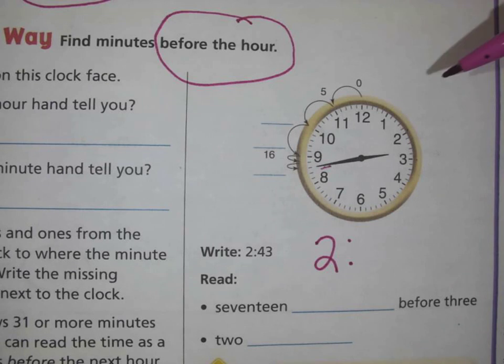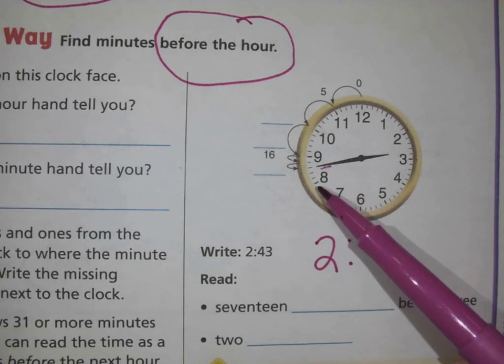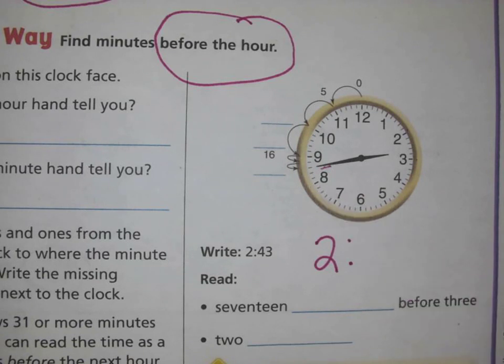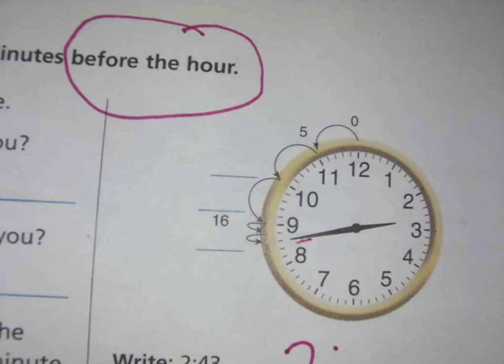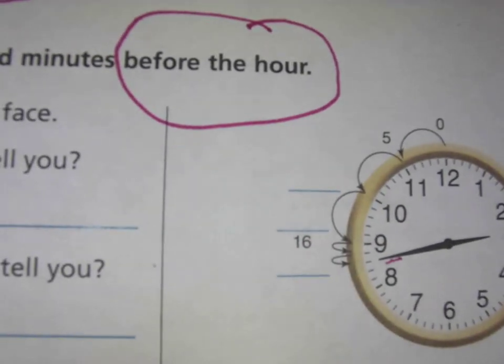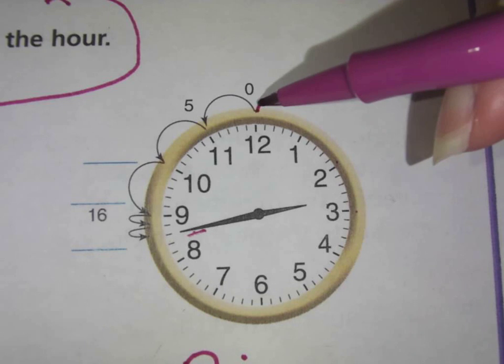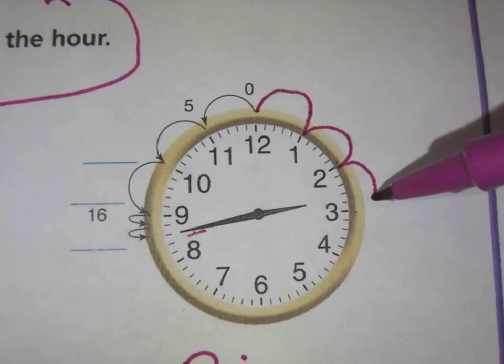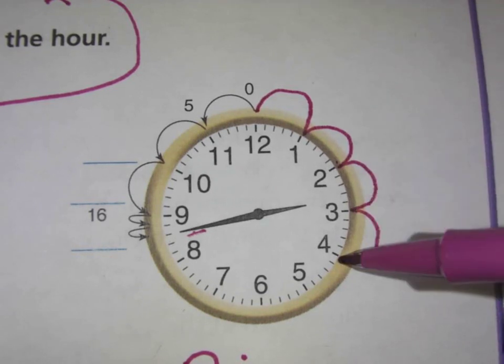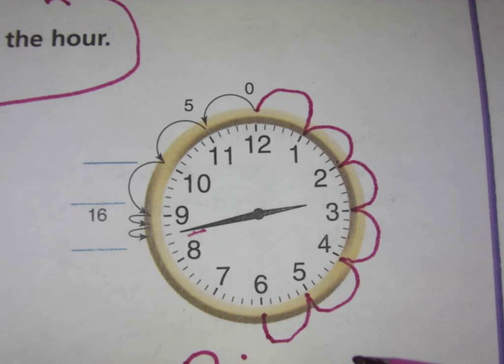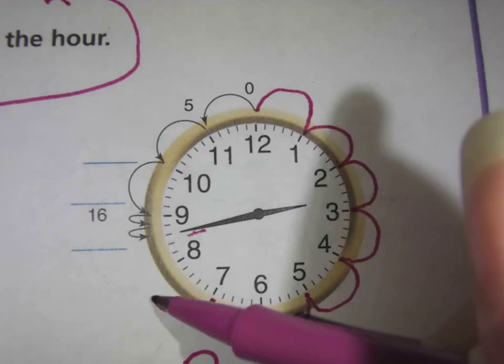I'm going to start at 12. I'm going to count by fives, and I'm going to stop when I get to 8 right here, and then we're going to count up by ones. Okay, so let's count our minutes. 0, 5, 10, 15, 20, 25, 30, 35, 40.